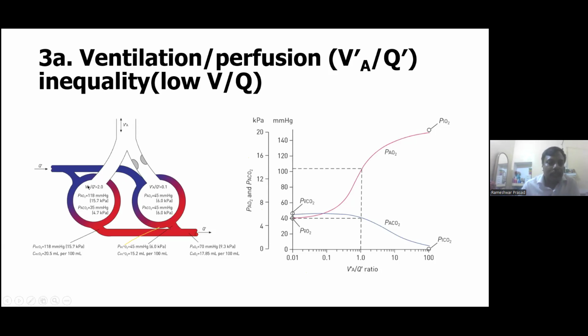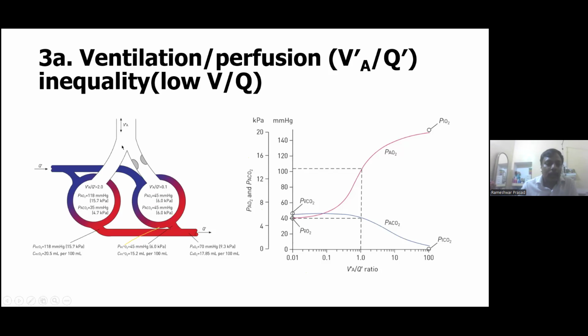And now you see that in the normal alveolus, ventilation is good, perfusion is good. Therefore, the ventilation perfusion ratio is normal. Here, ventilation is poor, although perfusion is normal. Therefore, the ventilation perfusion ratio is low. What will be the effect?